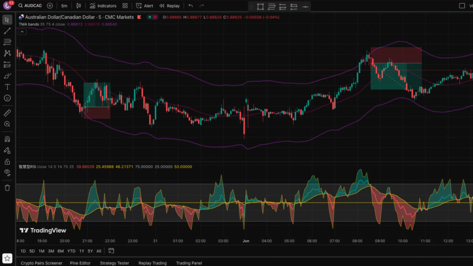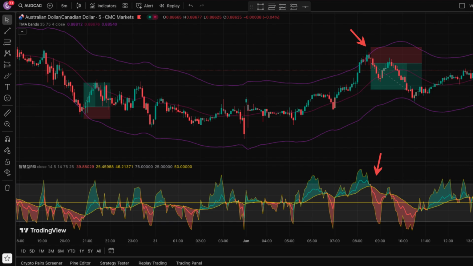Now for the sell setup, it's simply the reverse. First, the price must touch or break above the upper TMA band, indicating potential overbought conditions. Then check the RSI. It should have climbed above the 75 or 80 level and is now starting to turn back down. Once the RSI line turns red, that's your confirmation.